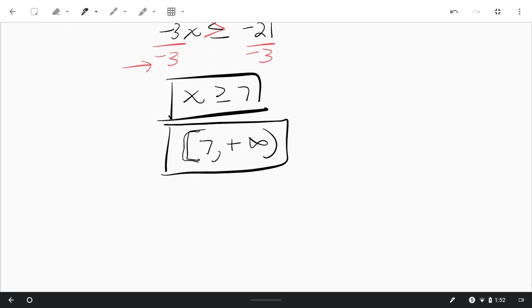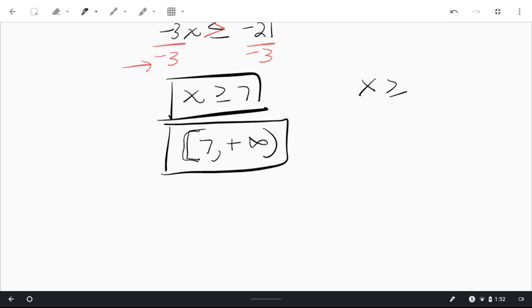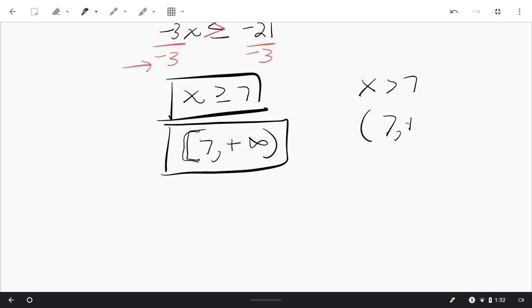Let me just write it over here on the side. If it said strictly greater than, then it would be written with the parenthesis instead of the bracket, and then you would have your 7 and your infinity.